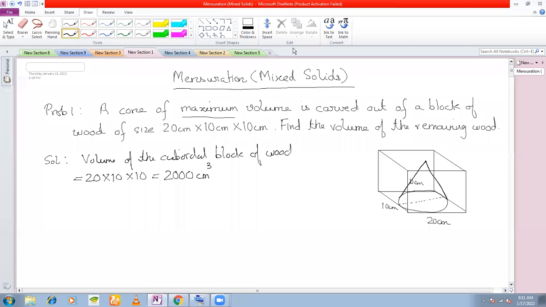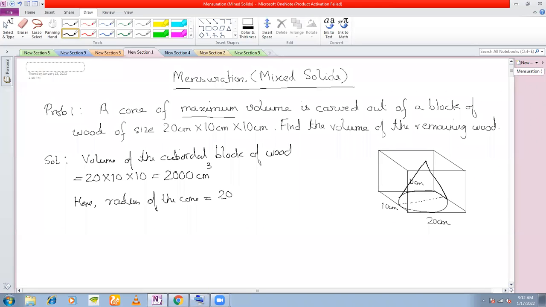But before that, we must know the radius of the cone and we must know the height of the cone, right? So here, radius of the cone. As I told you, we are taking out the cone such that the diameter of the base is 20 centimeter.